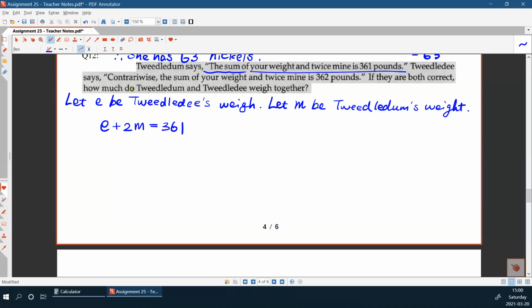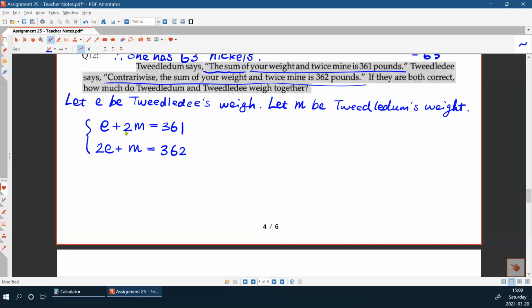And from the second expression, we know that 2E plus M equals 362. So now we have two variables and two equations.